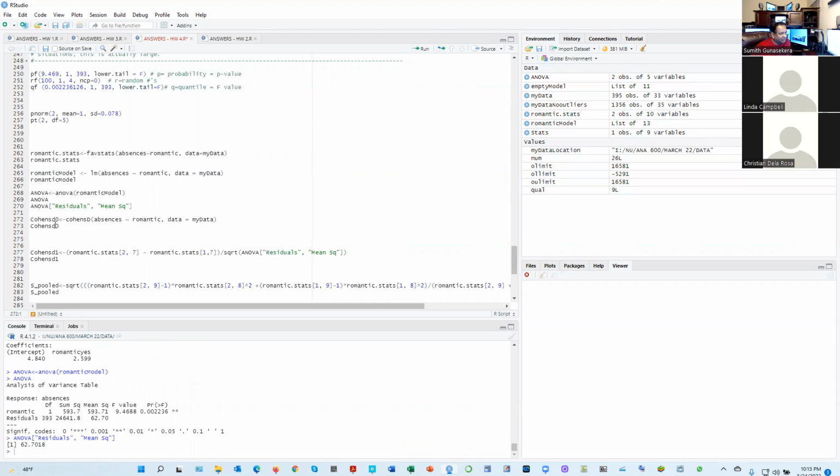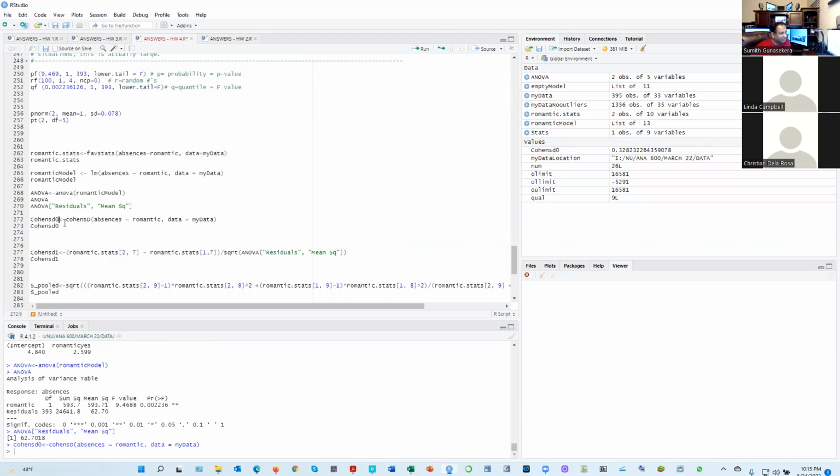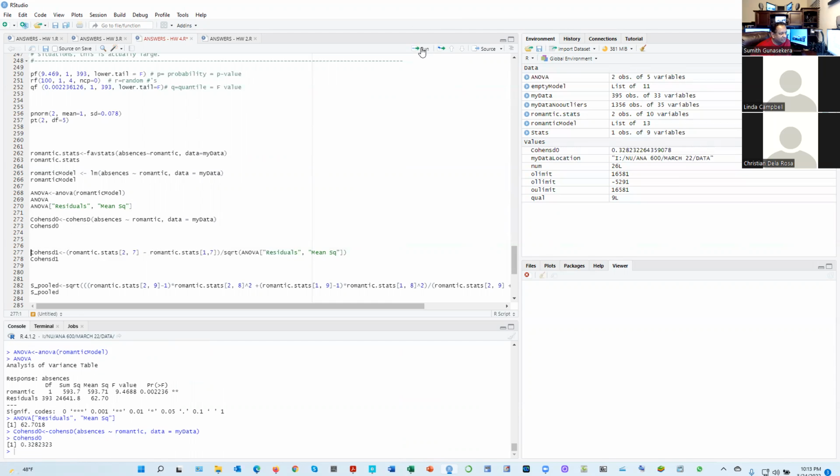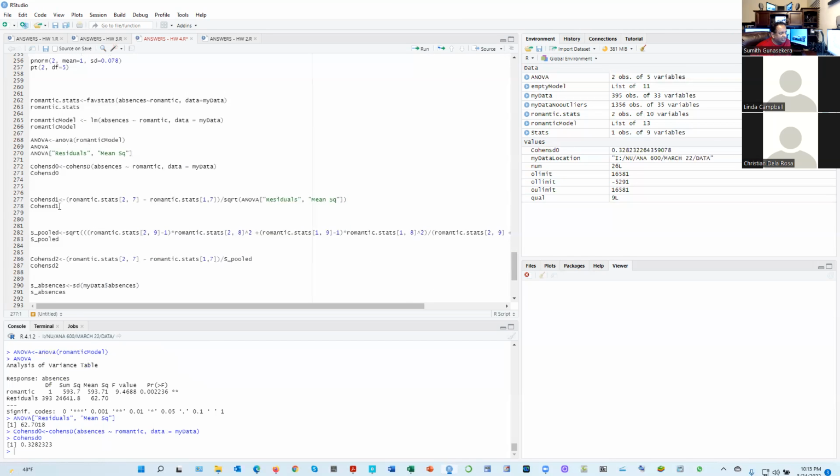And Cohen's d, if you run Cohen's d, I'm going to call that one d naught, 0.328.